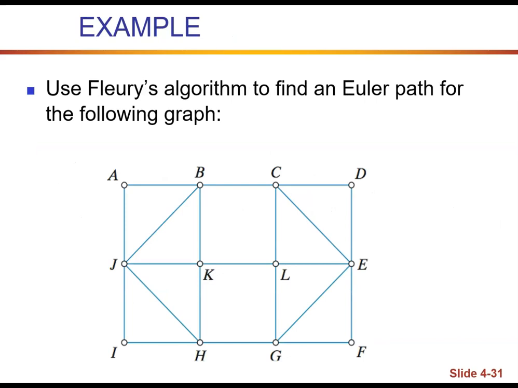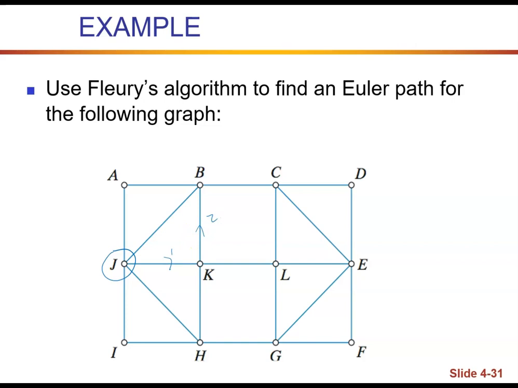Here we have an example of the algorithm, and we're going to do a path on this one. And you can go through and determine the vertices. It does make a path because we have exactly 2 odd vertices. So I'm going to start here at J. But before I continue, I'm going to show you my first couple steps. Here's 1, here's 2.